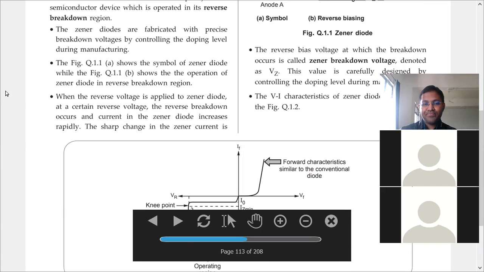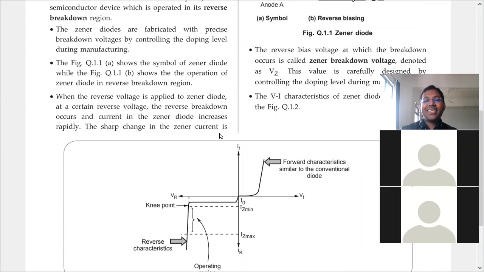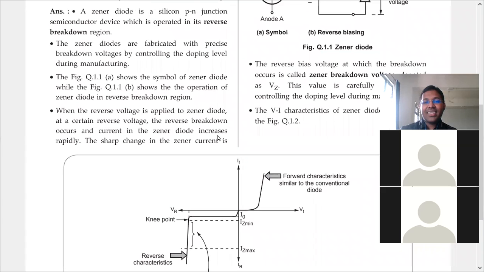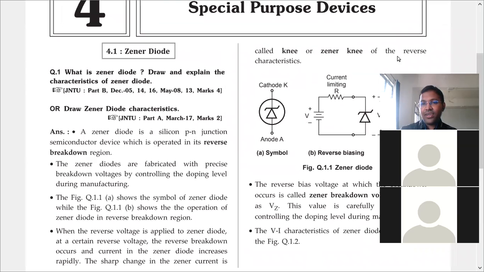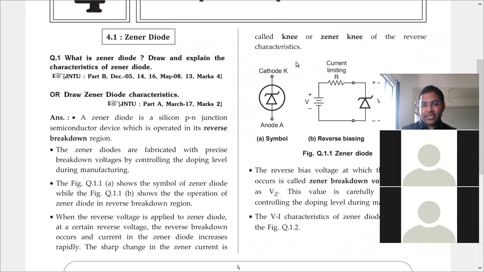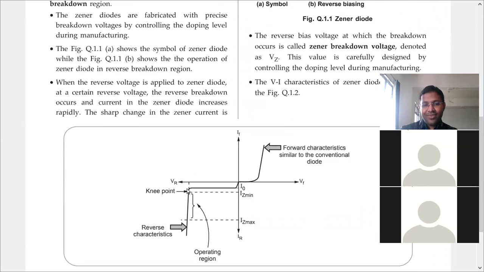Clear? The sharp change in the Zener current is called the knee or Zener knee of the reverse characteristics. Where this current sharply increases, this point is called the knee or Zener knee.